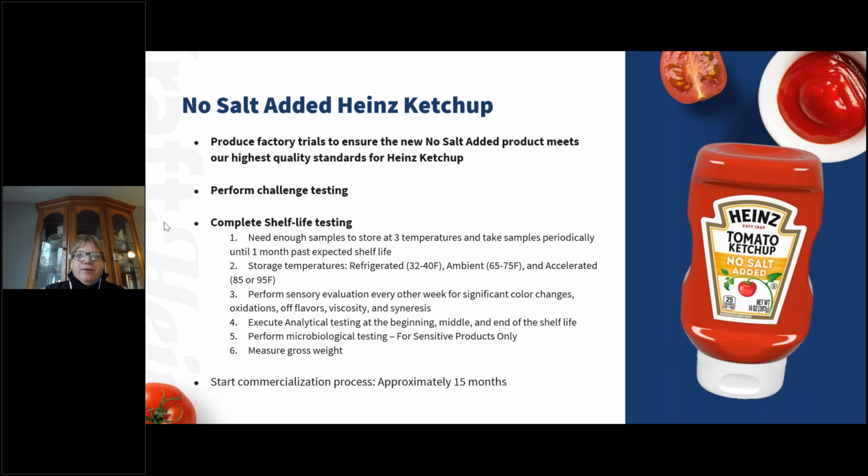Then at the very end, we perform microbiological testing to make sure that we do not see any kind of microbial growth during that shelf life process. Last but not least, but very important, we measure the gross weight to make sure that we are meeting our weight targets for the final product.